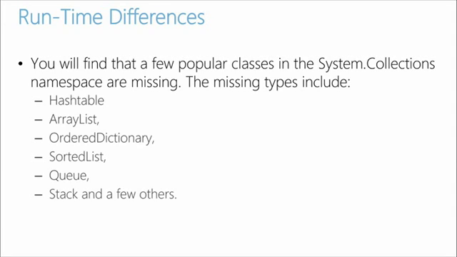And that's one way of going about it, yes. Yep. So things like the Hashtable are missing right now. Yes. The ArrayList, OrderedDictionary, SortedList, as well as Queue, Stack, and a few others are missing as well. But these are the main ones that you're probably going to bump into when you're building your games, and you may have used in your games, and you might have issues with.